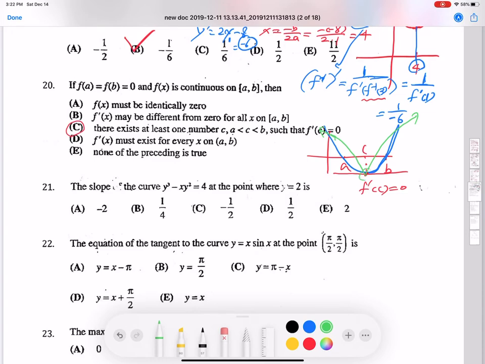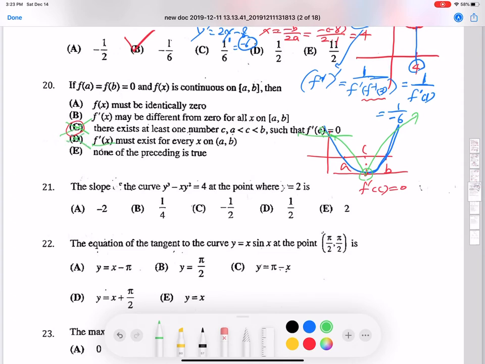But what about at x equals c? Is f prime of c 0? No. It's a cusp, so the derivative doesn't exist, right? That makes sense. So there is no point where the derivative is equal to 0. So it is not always true. And f prime of x must exist at every single point? No, at x equals c the derivative doesn't exist.